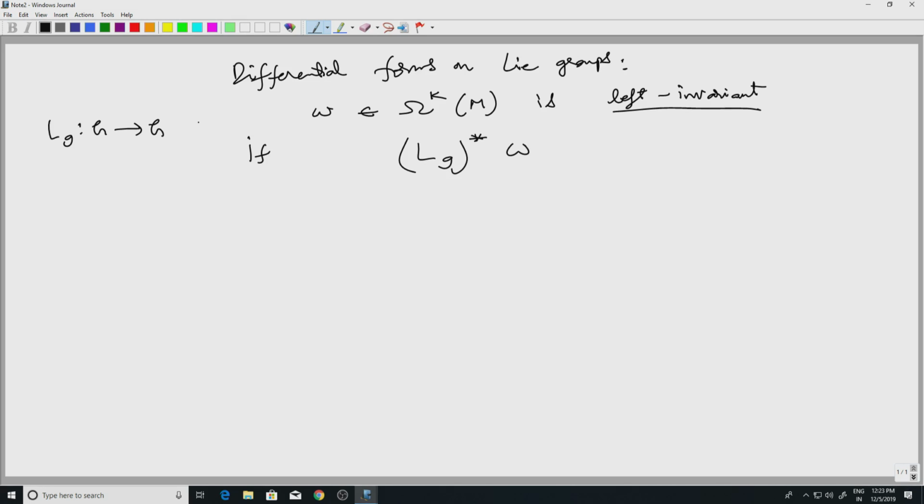at the identity, well, not quite identity. So let's recall that Lg is going from G to G. Therefore the derivative of Lg, dLg at identity, is going from the tangent space here to the tangent space here.